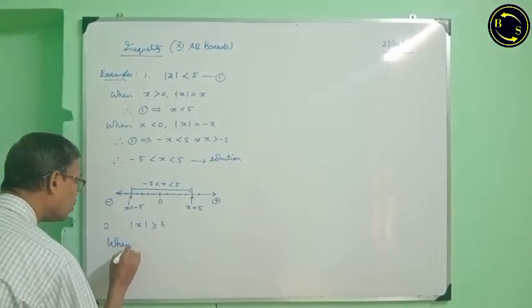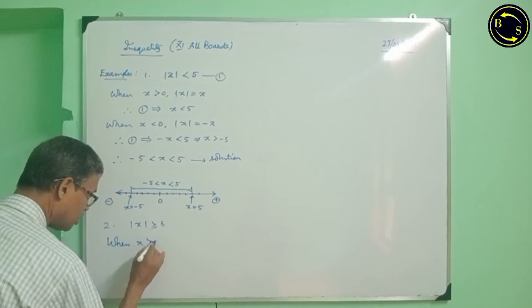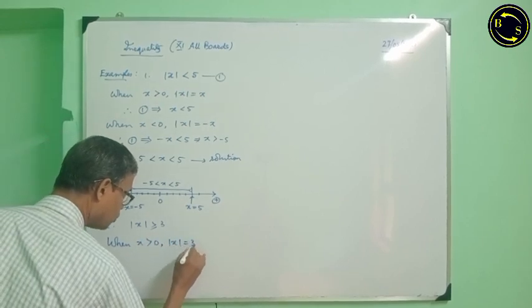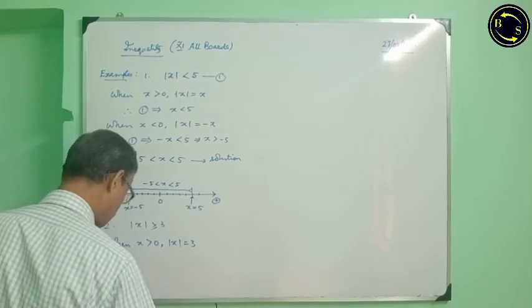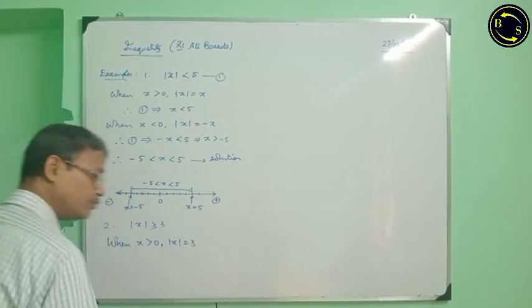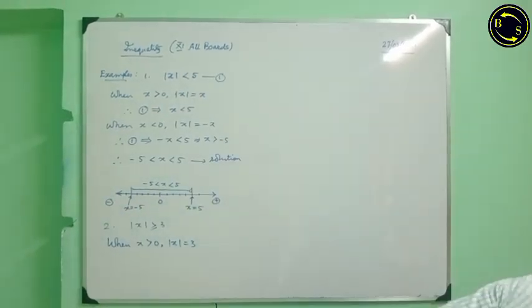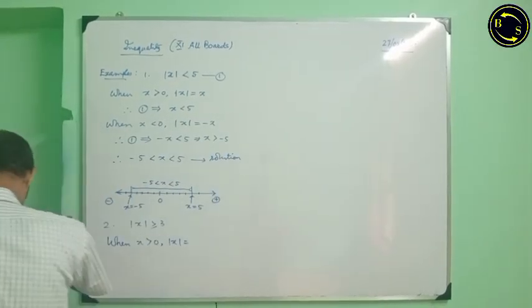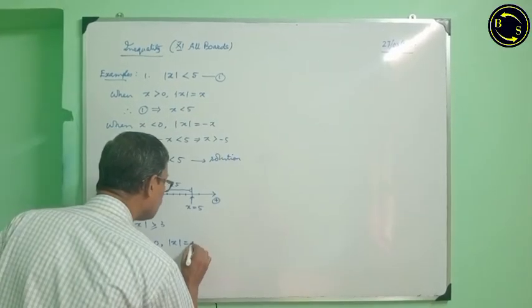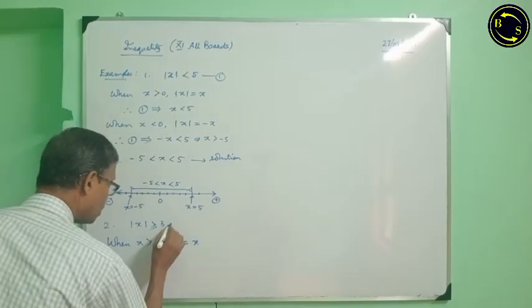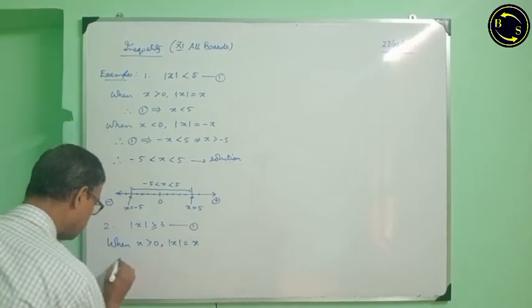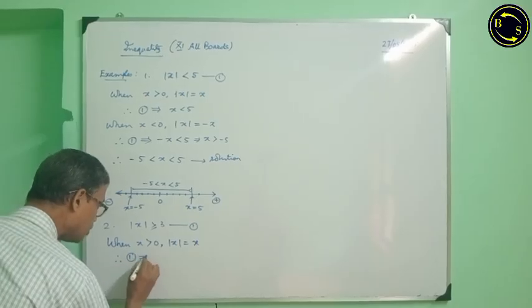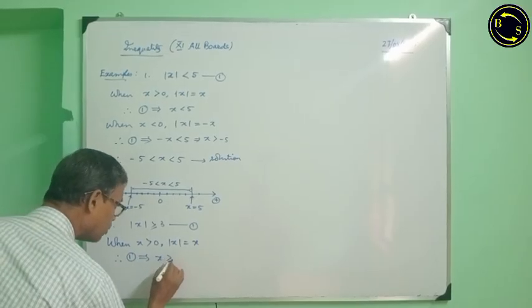When x is positive, mod x equal to x, we call it as 1. Therefore, from 1 we get x greater than or equal to 3.